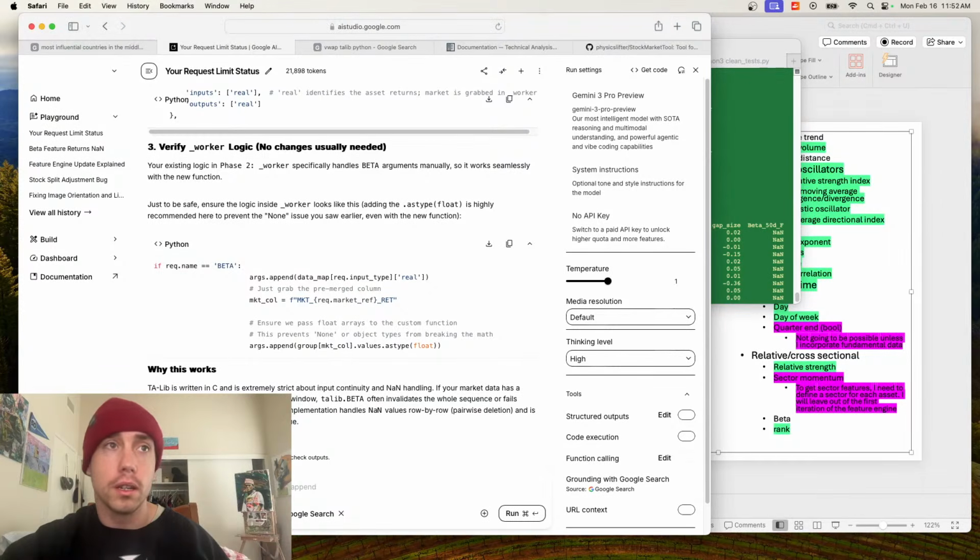Okay, so we can say this fails inside the worker function because no market is passed.